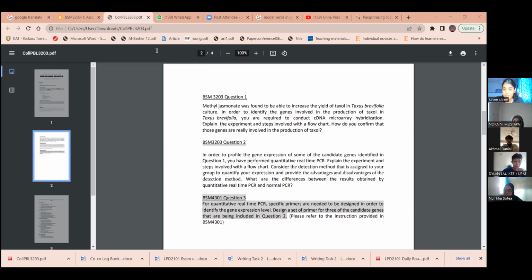Yeah, sure. I want to add something. Like Dylan said, we can conduct bioinformatics too. Do we need to include that in our slide or not? Personally, I think we can also include it, but it depends on the four people in charge of this: Kavi, Sabrina, Akmal, and also Noraini.